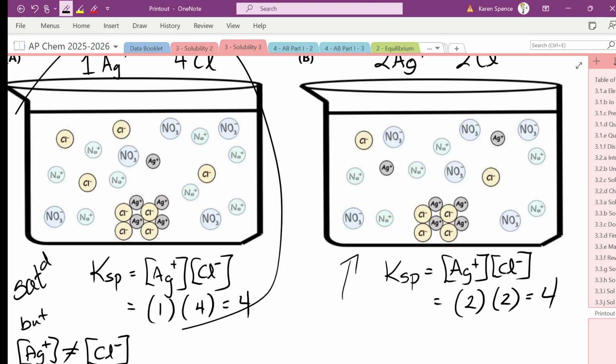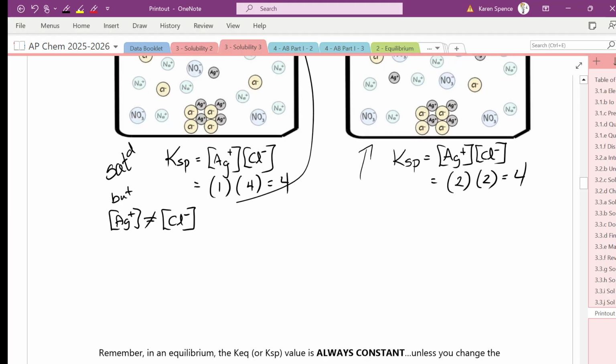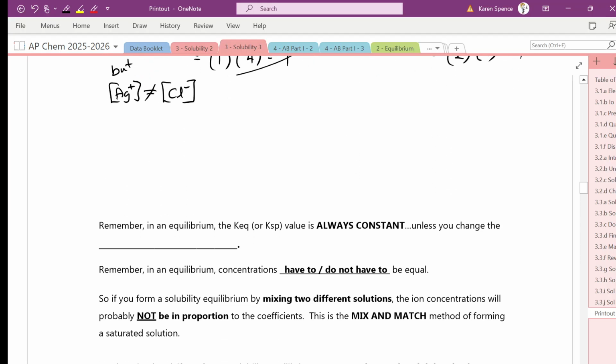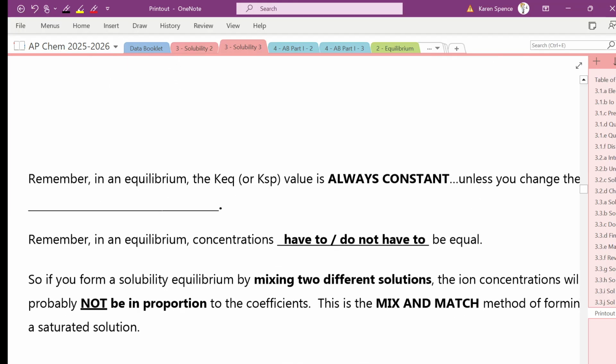In equilibrium, KEQ, or KSP, is always constant unless you change the temperature. Remember, in an equilibrium, do concentrations have to be equal? They do not have to be equal.